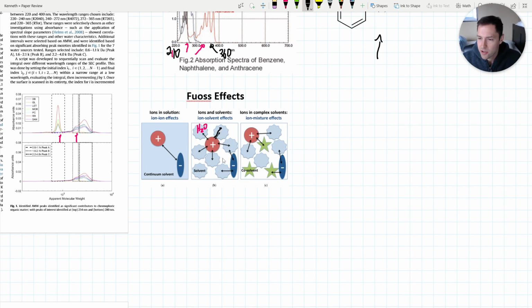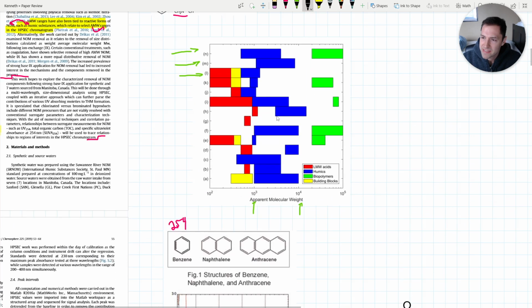And of course, there are different compounds in the water that are sharing the same H2O molecules. So this goes to show why it's referred to as Foss effects, I believe. When we're doing the characterization and the standardization, we treat compounds not as single compounds, but as if they're distributions.